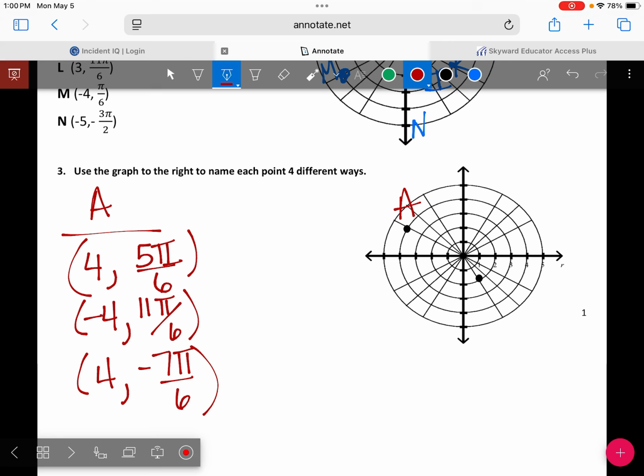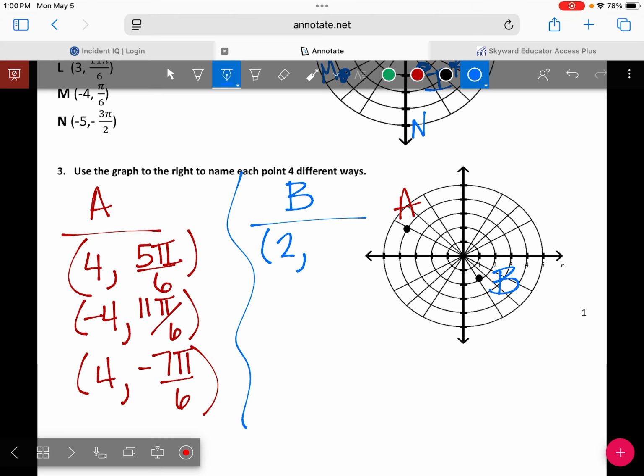All right, now let's talk about this one. We're going to call this one B. Somebody give me a name for point B. Is it 5? Not 5 pi over 3. Wait, what were you going to say, Jaden? I said 2. Yep, 2.